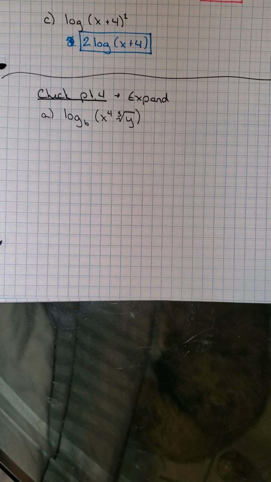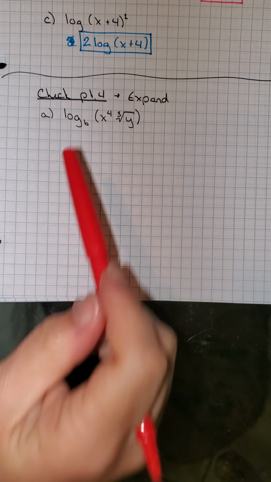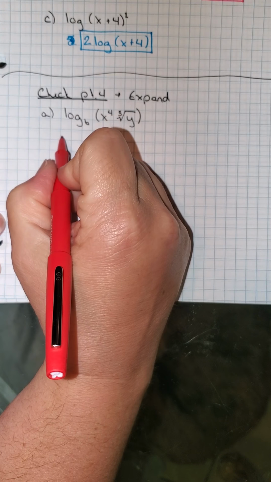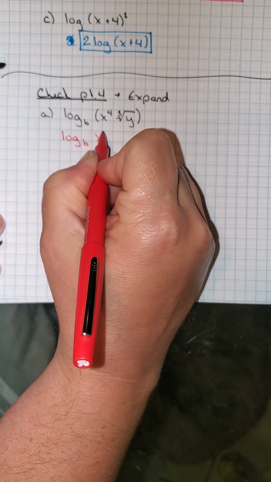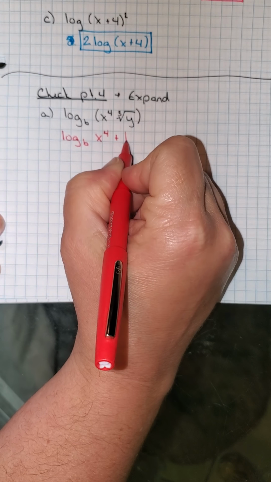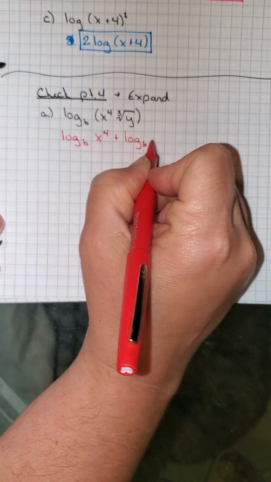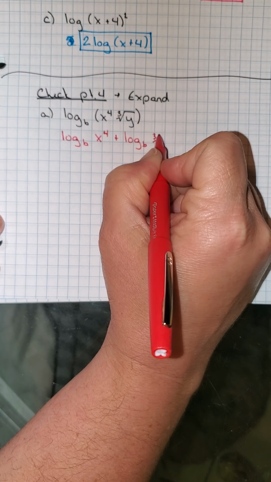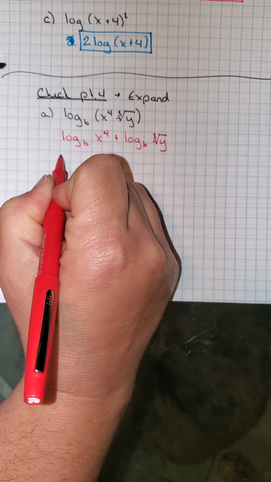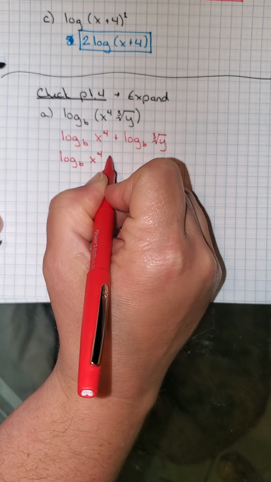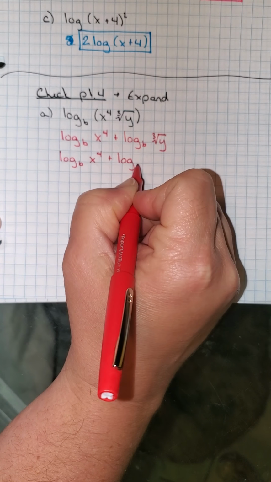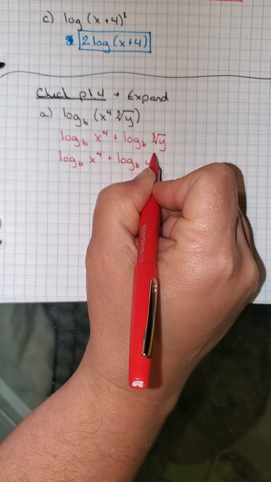So the first thing I'm going to do is split them up. So the two things being multiplied, they each get their own log. So we have log base b of x to the 4th plus log base b of the cube root of y. Now that cube root of y, I should rewrite this, that cube root of y is the same thing as y to the 1/3.